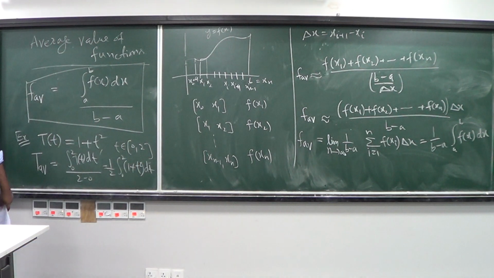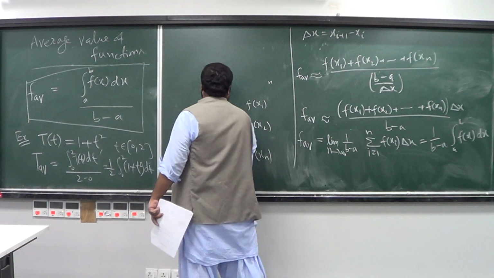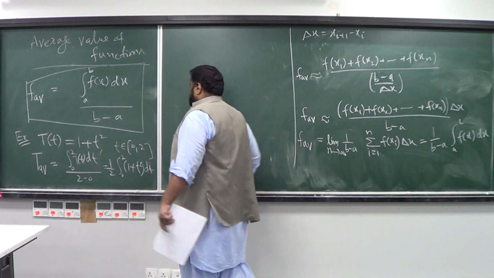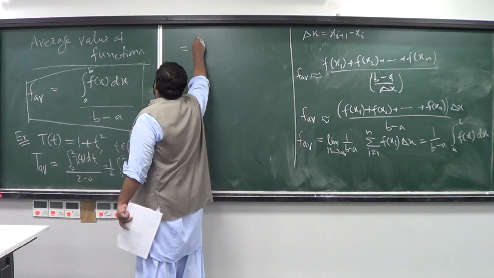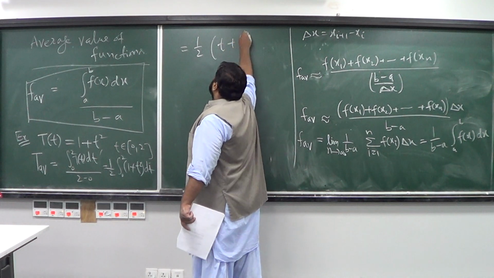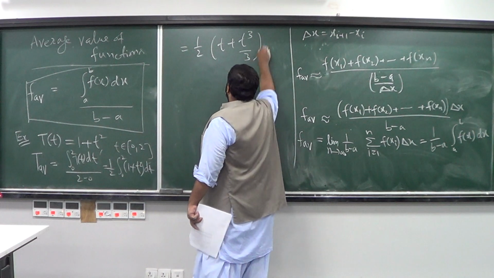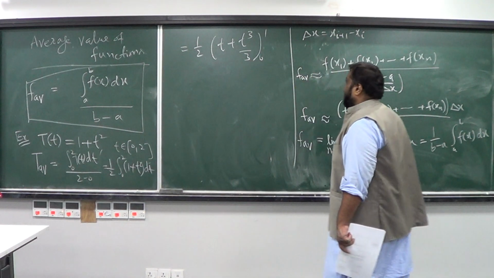So if you simplify this integral, you're going to get something interesting. You're going to get 1/2 of t plus t cubed over 3, from 0 to 2.